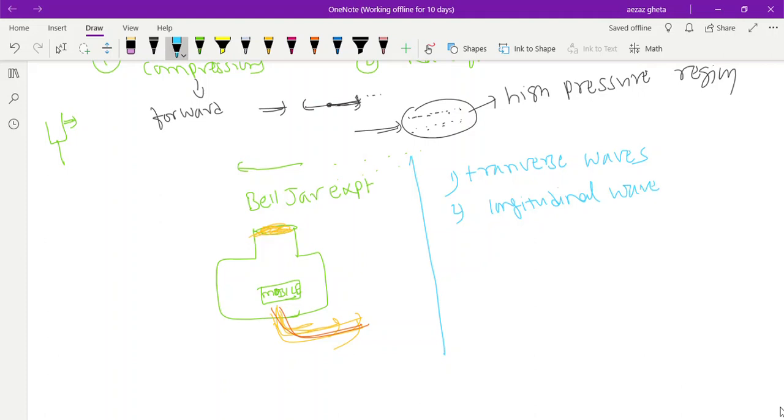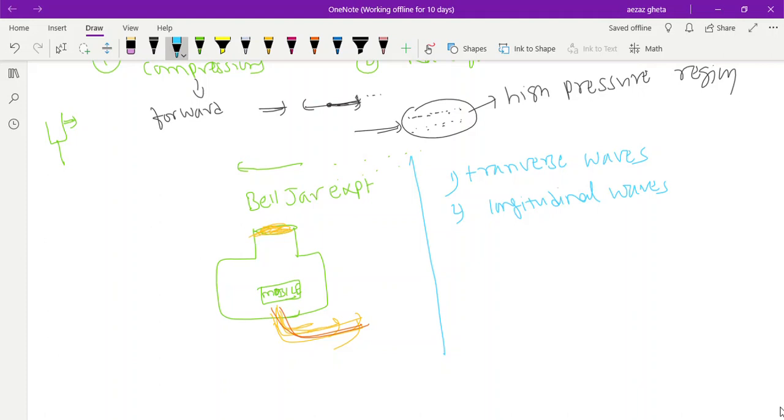This classification is based on the vibration of particles. The classification into mechanical and non-mechanical waves was based on the medium for propagation, whether they require a medium or not. Now we are learning two types of waves based on the vibration of particles: transverse and longitudinal.